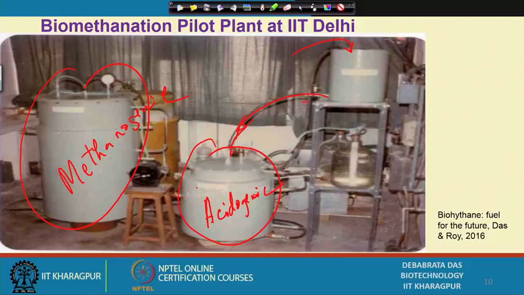Then with the help of another pump we pump this here, and when we pass it here, the acid is converted to methane and carbon dioxide, and this is the gas collector where we collect the gas.